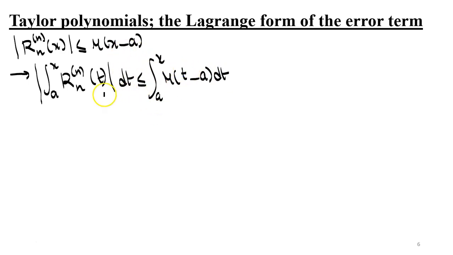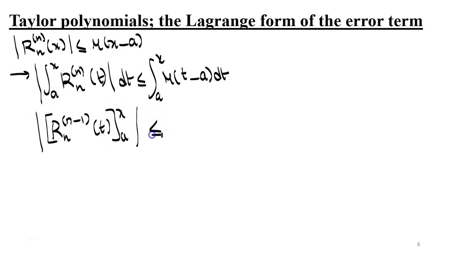I'm sorry, I keep messing up with variables. Since I took x as the bound, I need to change the variable inside. However, integrating the derivative of order n gives me the derivative of order n minus 1 of the error term, between a and x, and of course inside the absolute value.